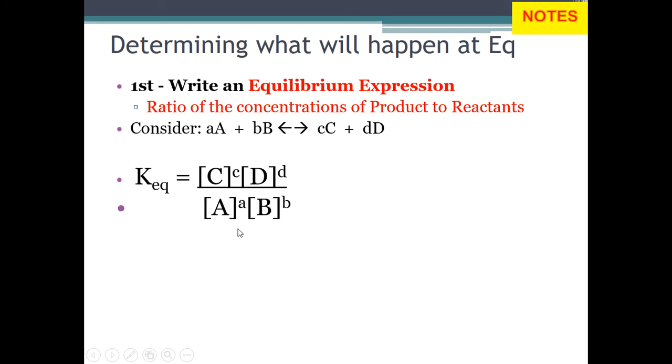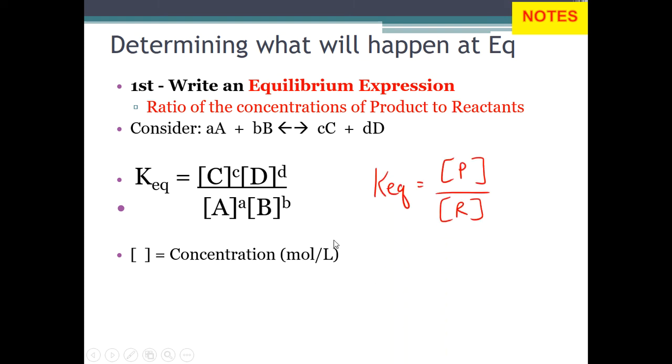So essentially, this would be rewritten like this, with C to the C power times D to the D power over A to the A power and B to the B power, right? The brackets are a fast way to write concentration. It means moles per liter, so you don't have to write the units because we all know you love doing that. The key thing is that only concentrations go in there, not just moles per liter.